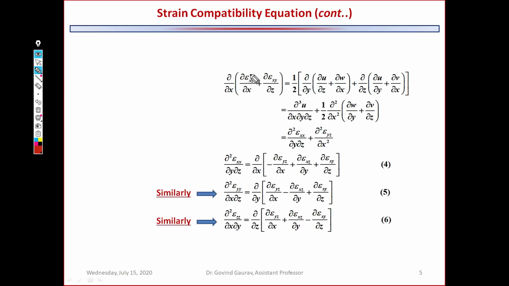So epsilon naught xz represents these two quantities multiplied by 1 by 2, and epsilon naught xy represents these two quantities multiplied by 1 by 2.